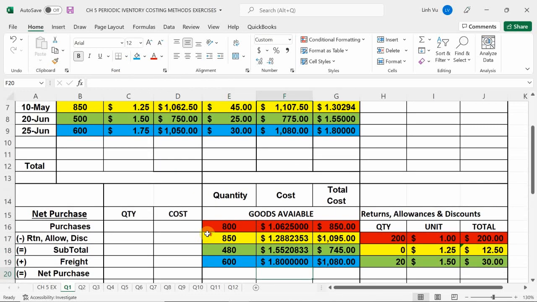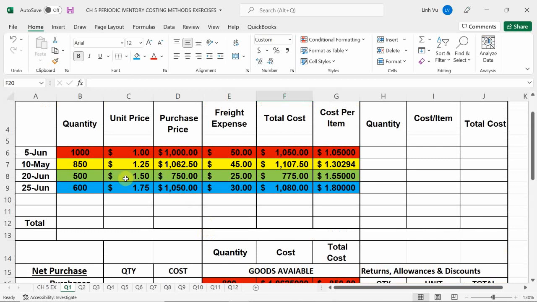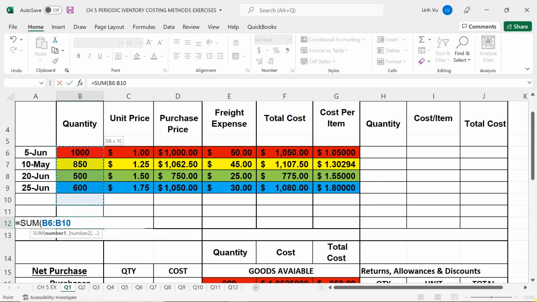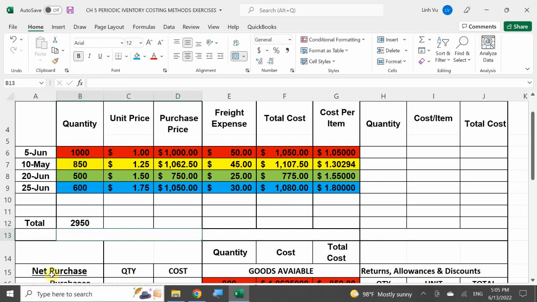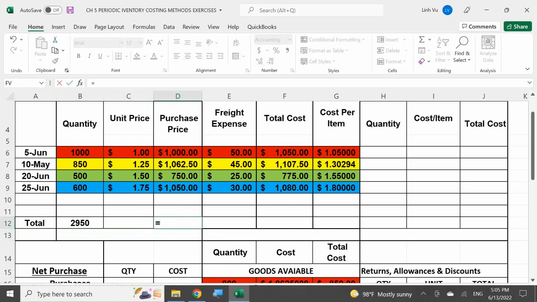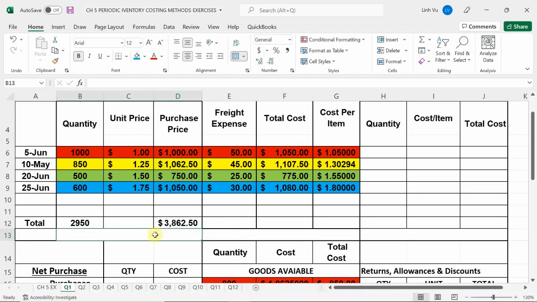Now I need to do the following, because I reached the end of my accounting period. I need to solve for my total purchases. In this case, my total purchases was a grand total of 2,950 units at a total purchase price of $3,862.50.